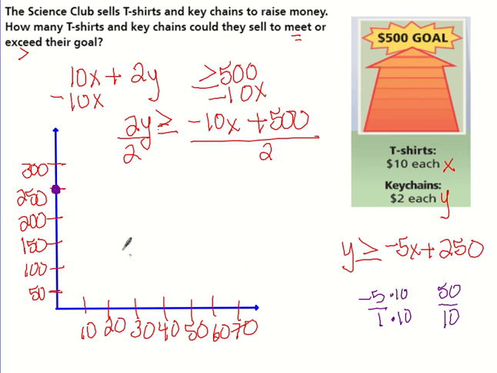So every time I go down, it's 50. And every time I go over, it's 10. Well, negative 50 over 10 is exactly the same thing. So down 50 over 10, down 50 over 10, and so on.